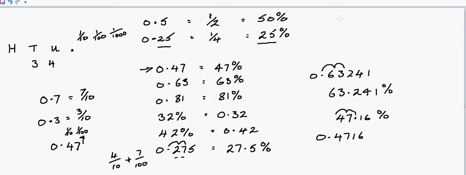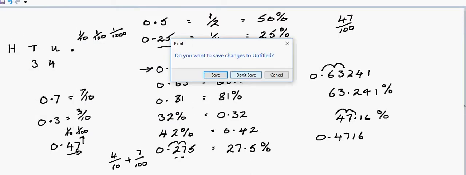So I'm running out of room now. So we've got 47/100, and anything over 100 is a percentage. So we read along and then up. Okay, so if we've got 0.56, then I've got 5/10 and 6/100, or I've got 56/100.